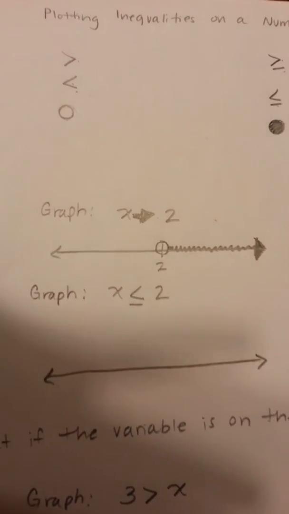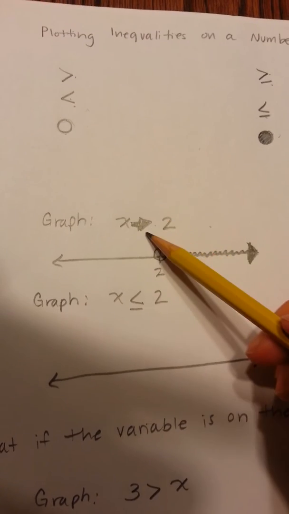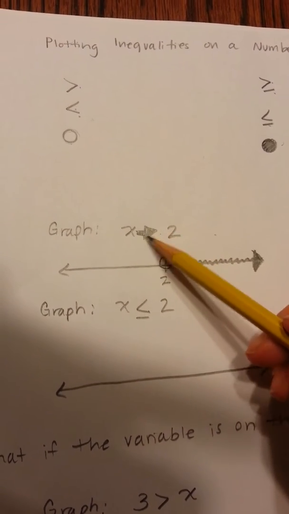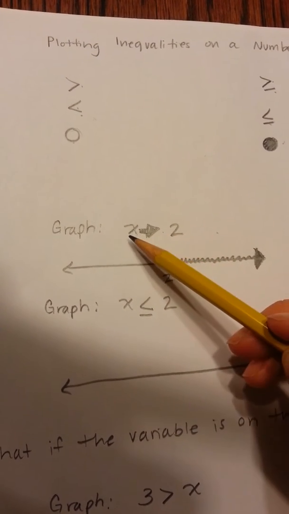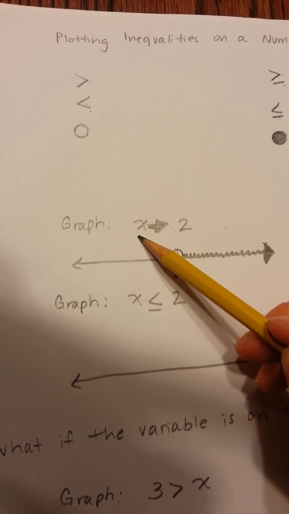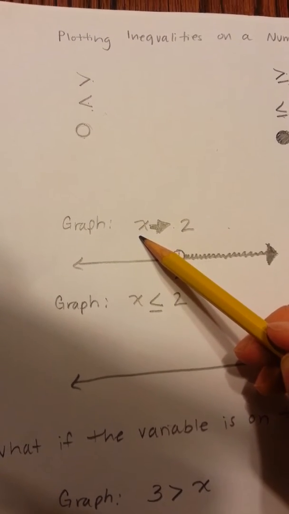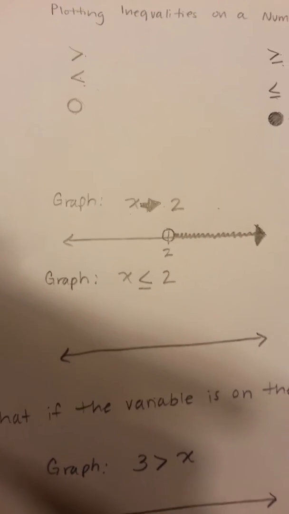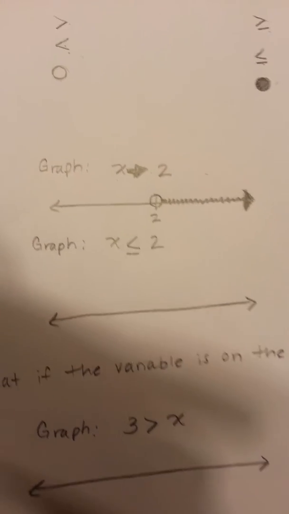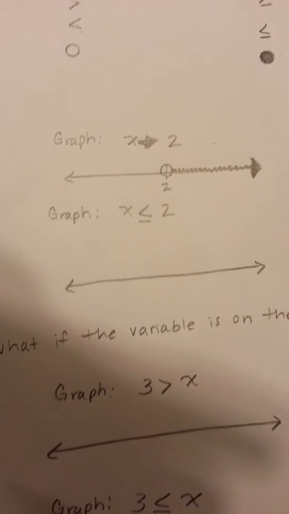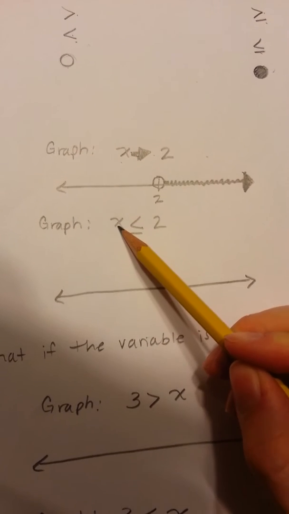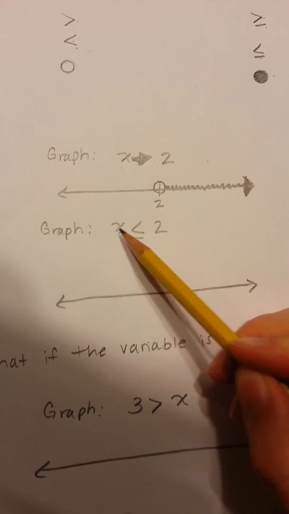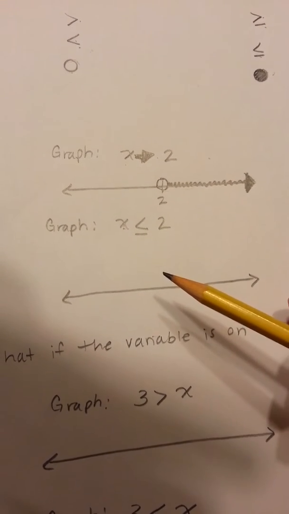Now, I do want you to know, students, that you can only trust this arrow if the variable is on the left side. We'll talk about the variable being on the right side in just a moment. Let's go ahead and try the second one. The variable is on the left, so we're okay.